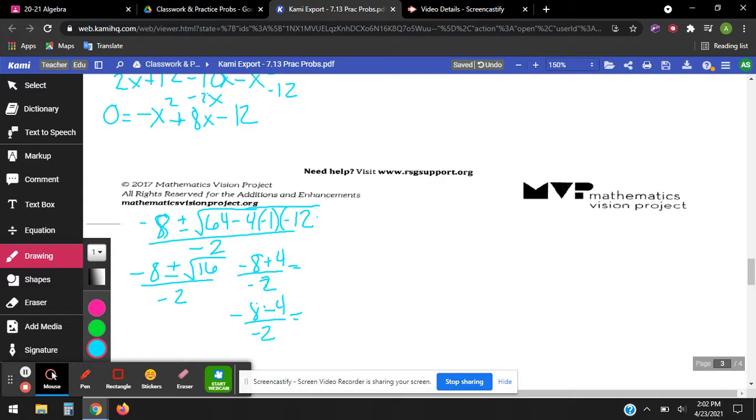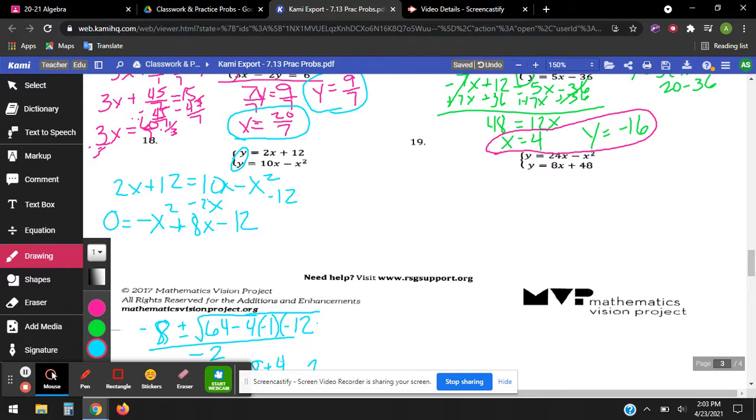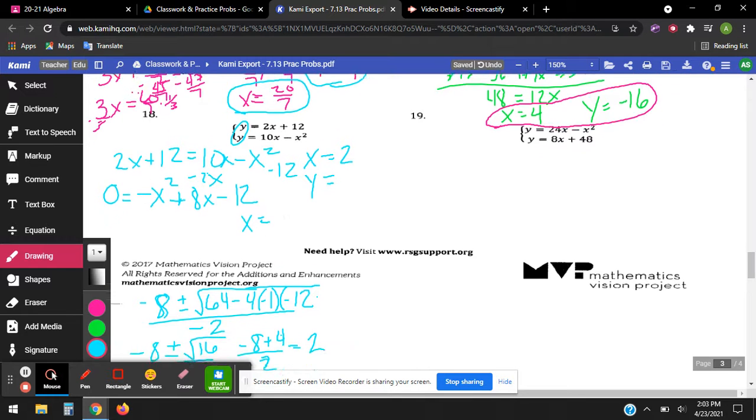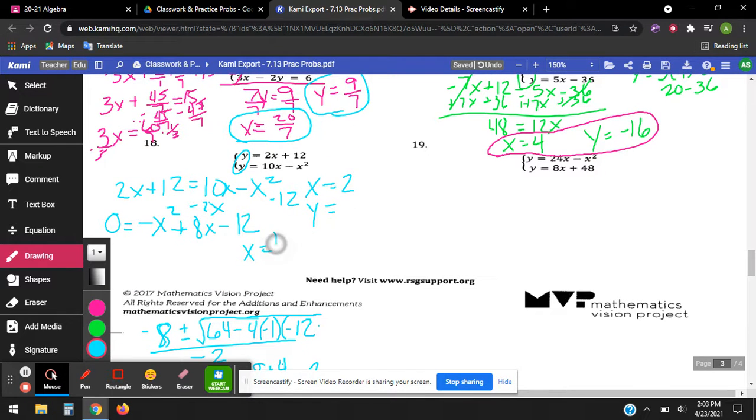So negative 8 plus 4 is negative 4, divided by negative 2 is a positive 2. Negative 12 divided by negative 2 is a positive 6. So I actually have to solve for y. When x equals 2, y equals, and when x equals 6, y equals.